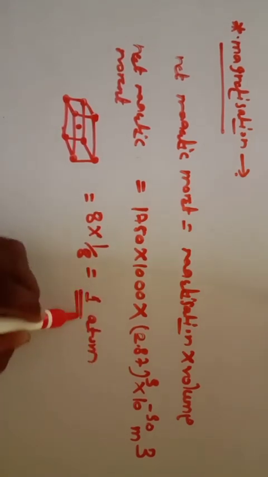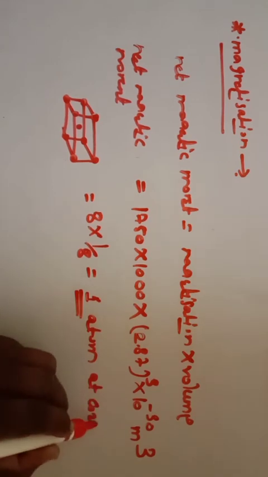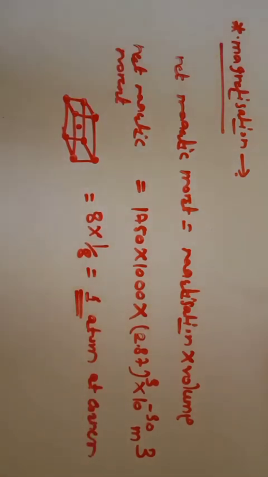Total one atom at corner. And if you find out the number of atoms at center, there is only one atom and its contribution is also one.